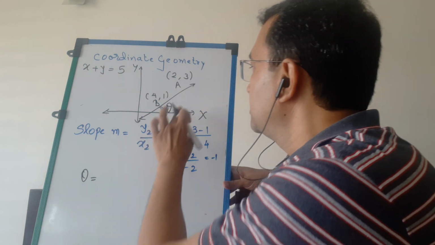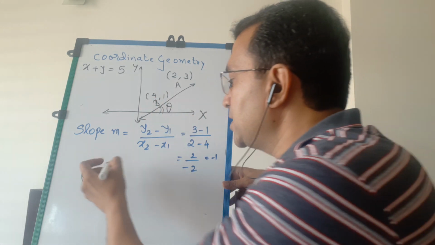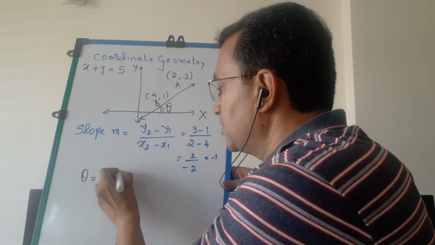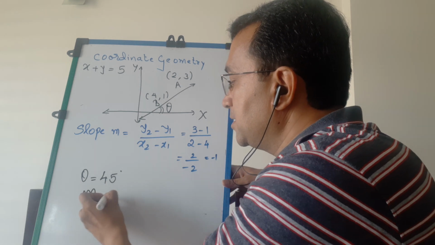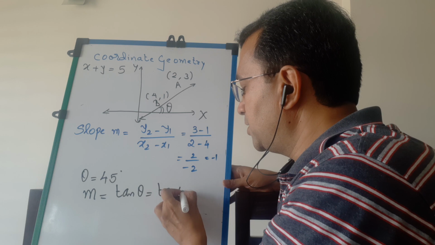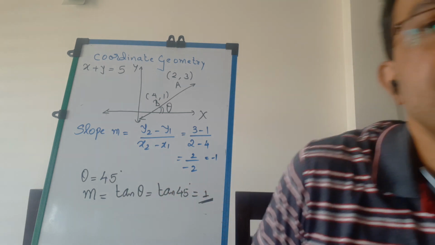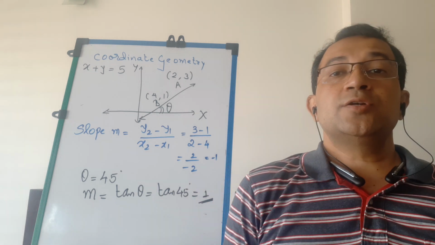Suppose I am taking, I don't know what this angle is, suppose this angle is 45. Then slope of the line is given by tan of the angle, and all of you know that tan 45 is nothing but 1. So that is the second method to define slope.